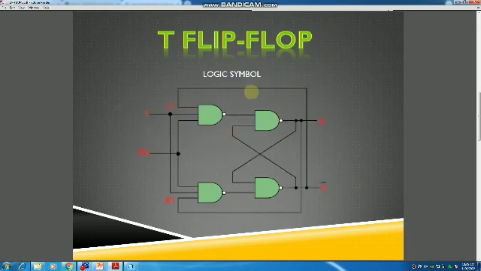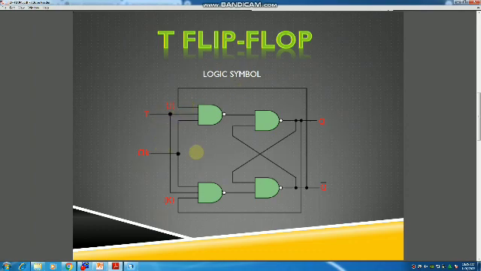Next is the logic symbol of our T flip-flop. Since the T flip-flop has no circuit device in the actual simulation, we derive the logic symbol of our T flip-flop from the logic circuit of our GK flip-flop, where the G and K inputs are set to 1 in order to form a single input.